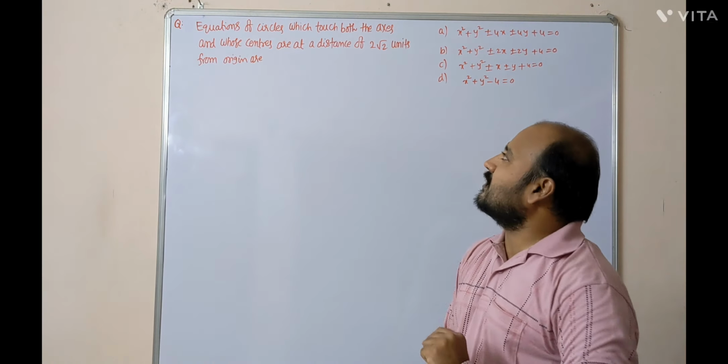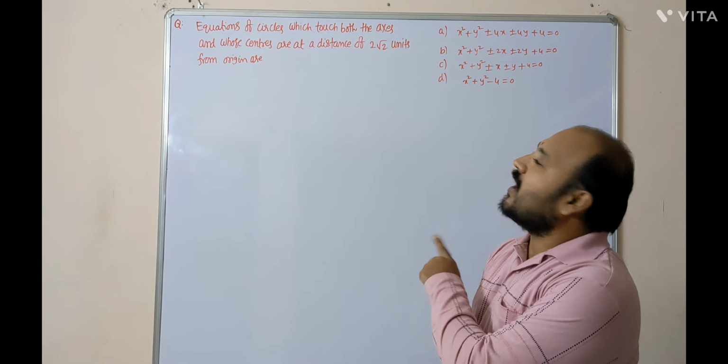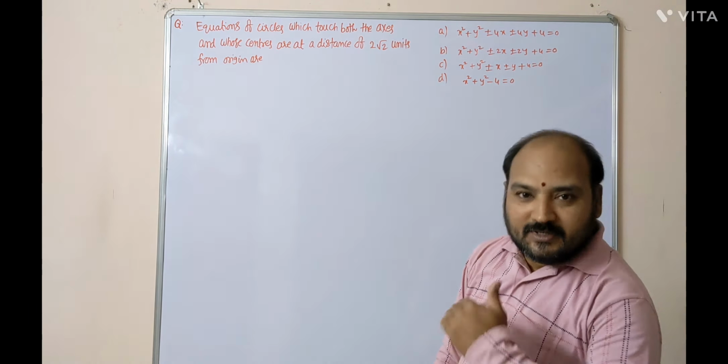Equations of circles which touch both the axes, that means x-axis and y-axis, not only positive x-axis, positive y-axis, but also negative x-axis, negative y-axis, and are at a distance of 2 root 2 units from the origin. So the figure will come like this, dear students.